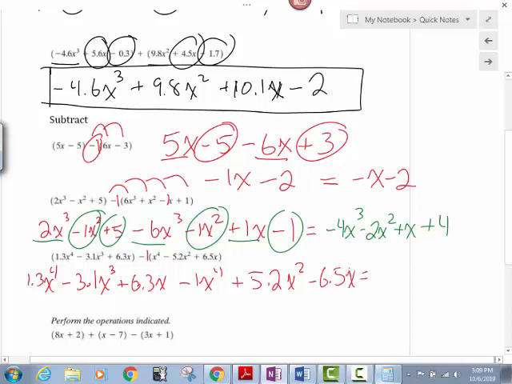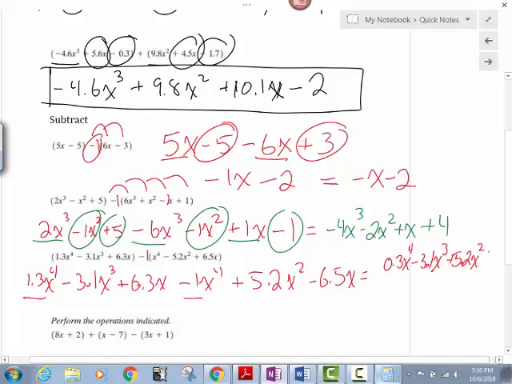Okay. So let's go ahead and combine our like terms. 1.3 minus 1 would just give me a 0.3x to the fourth. Okay. There's only 1 x to the third, and it's at negative 3.1x to the third. Plus 5.2x squared.